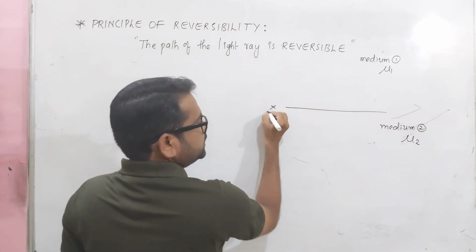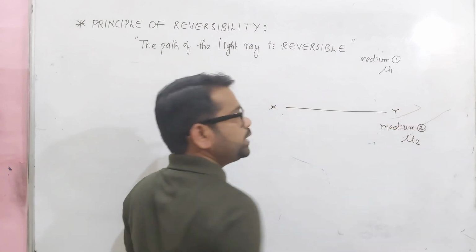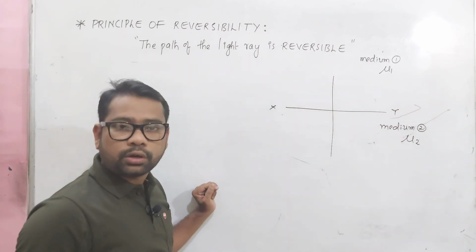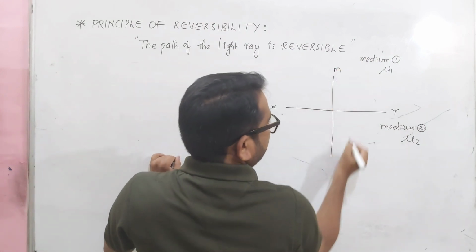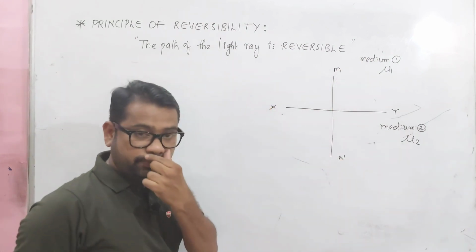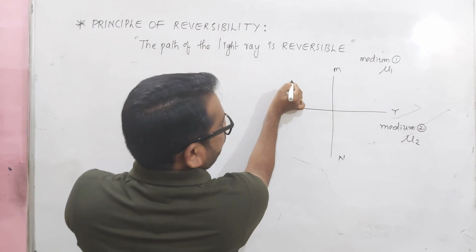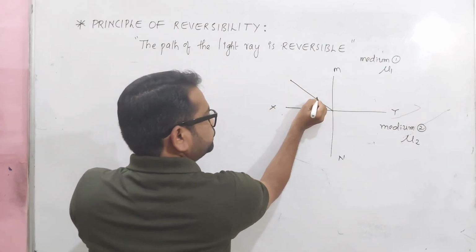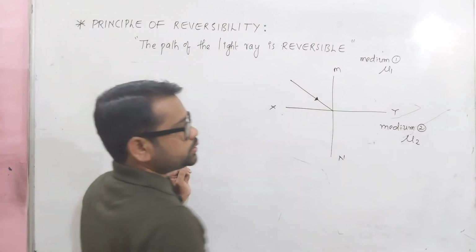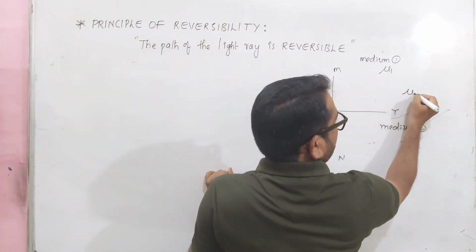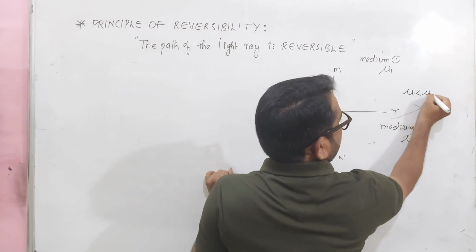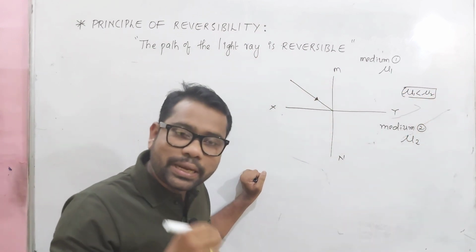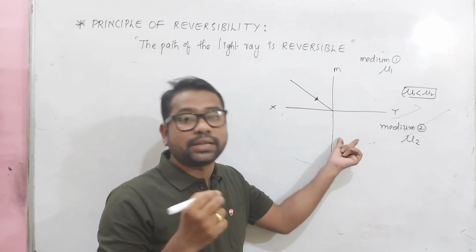Here XY is the separation between the two mediums, and here N is the normal drawn to the surface, such that light is moving from the first medium to the second medium. Let us say mu1 is less than mu2, which means the first medium is a rarer medium and the second medium is a denser medium.